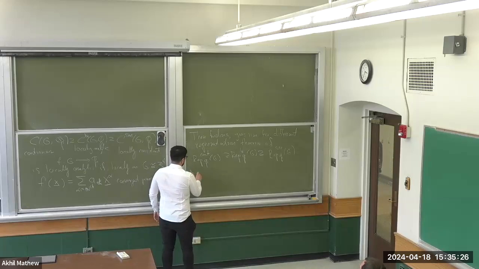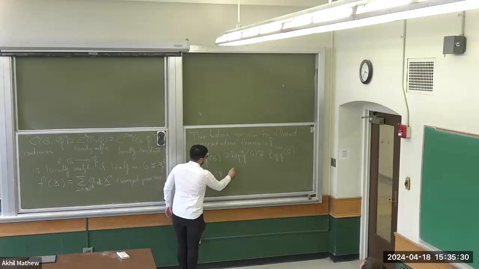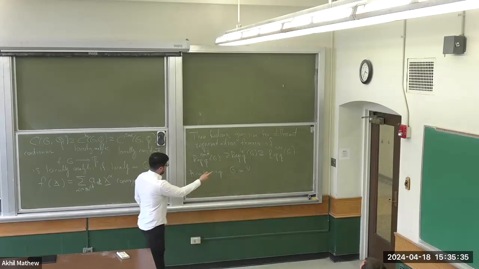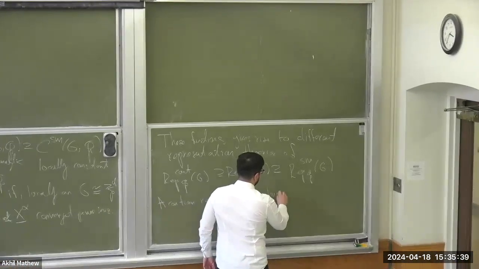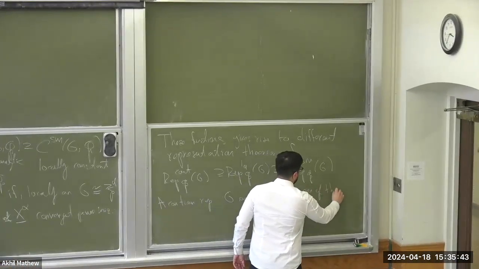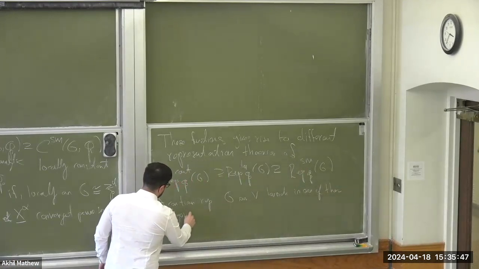Well, a continuous representation lands in one of these categories, let's say.